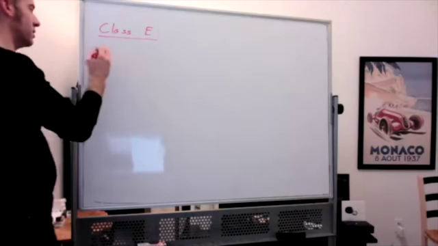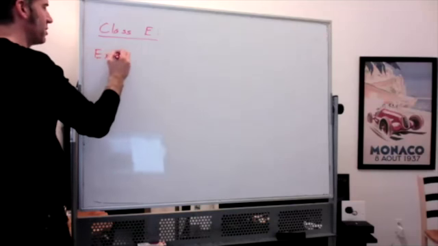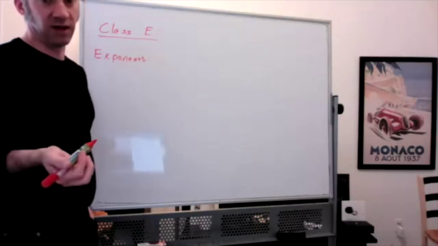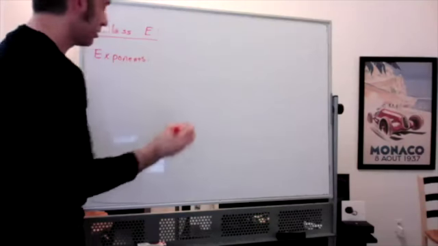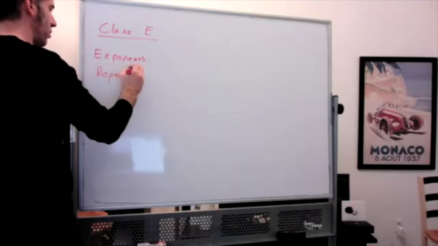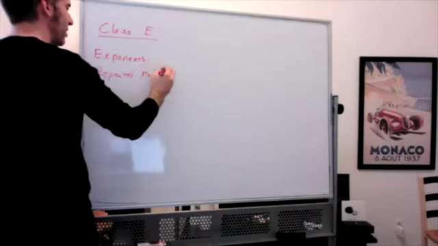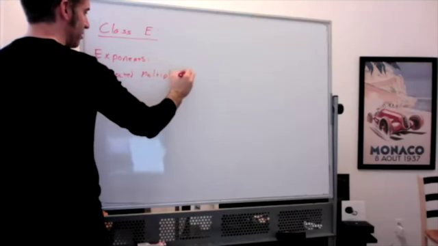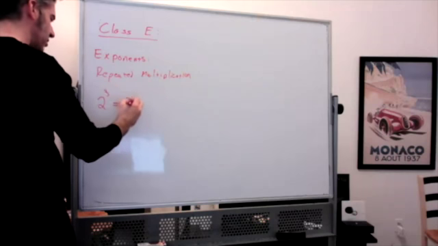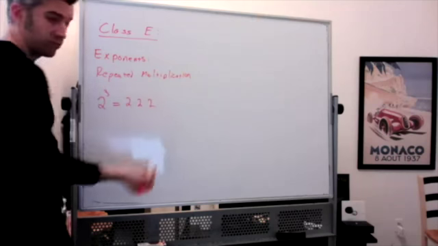Okay, so exponents. What do exponents really mean? Well, when I think of exponents, what I'm really thinking of is repeated multiplication. So when someone writes 2 to the third, we know the answer is 8, because 2 to the third means 2 times 2 times 2.